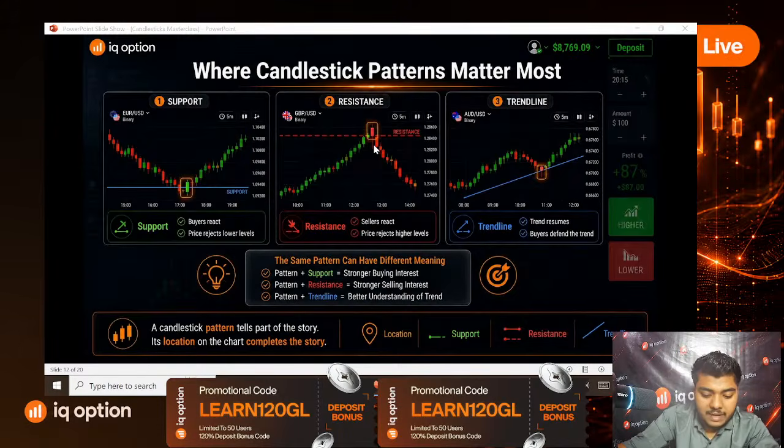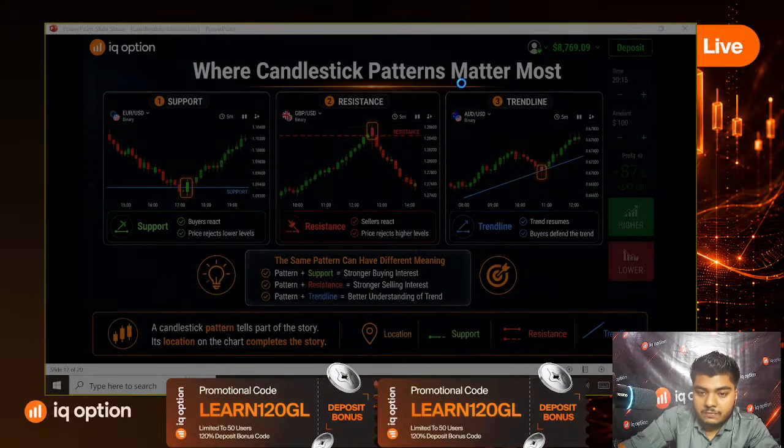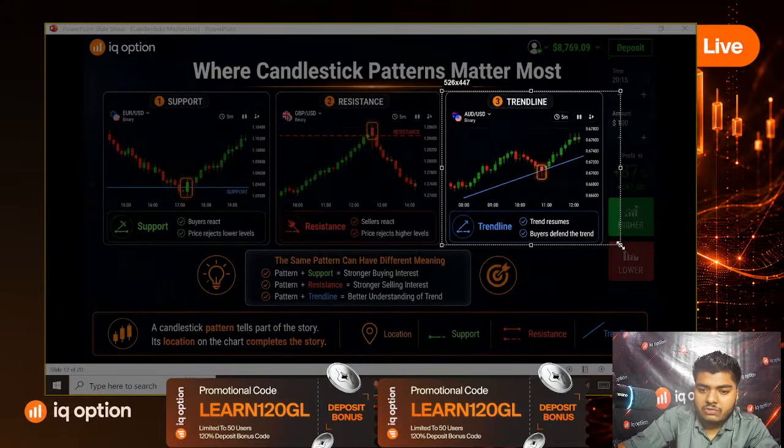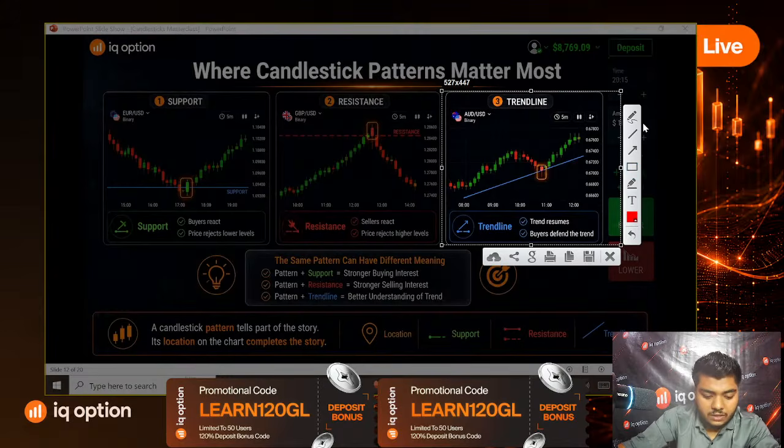The candlestick patterns may look exactly the same, guys. And also you can focus on the trend line here. A lot of people make mistakes here. The third chart shows a pattern forming on a trend line. This helps us understand how buyers and sellers respond as the market follows its trend.